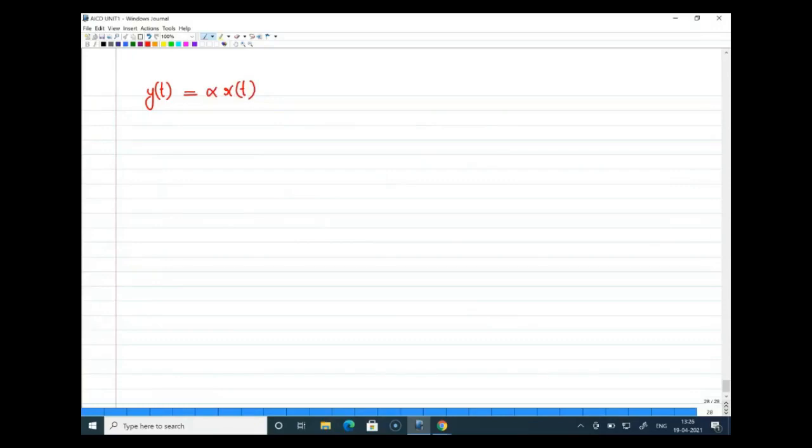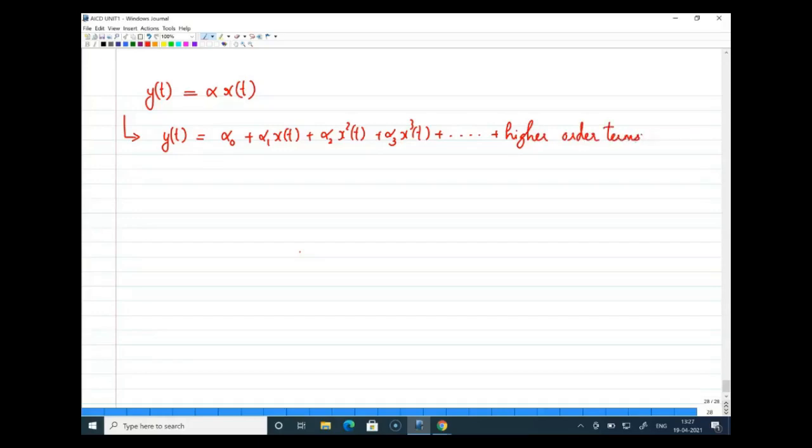So in that case, we take help of the Taylor series expansion, and we write the terms like alpha naught plus alpha 1 x of t plus alpha 2 x square t plus alpha 3 x cube t plus higher order terms.